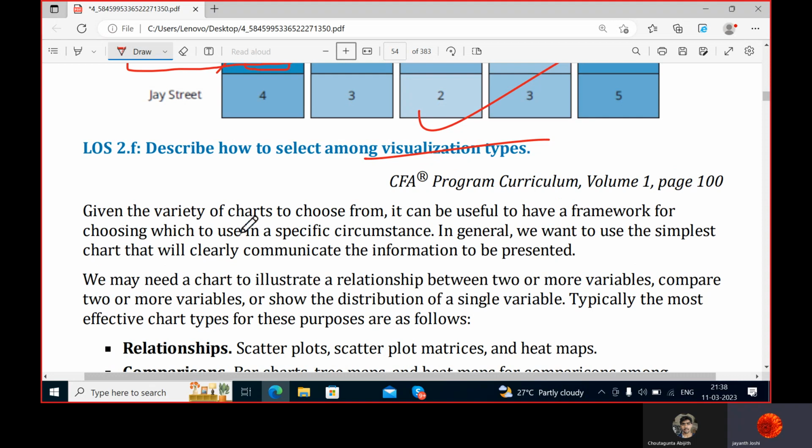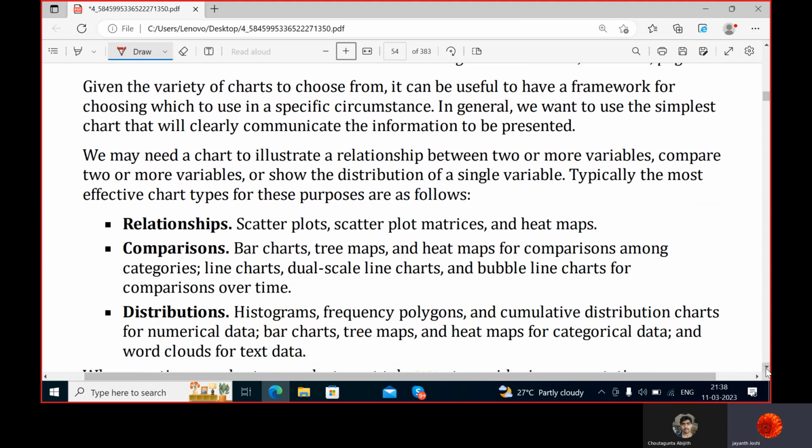Given a variety of charts to choose from, it can be useful to have a framework for choosing which to use in a specific circumstance. In general, we need to use the simplest chart that will clearly communicate the information to be presented. So don't make things much more complicated. See what happens when a cricket match is played.